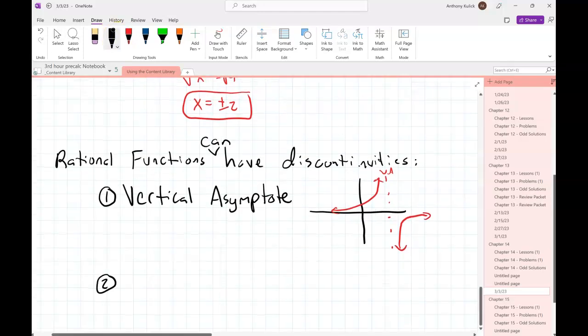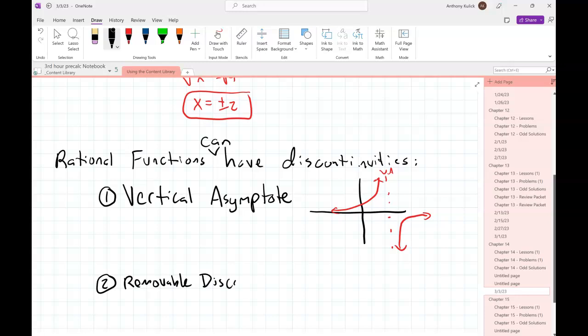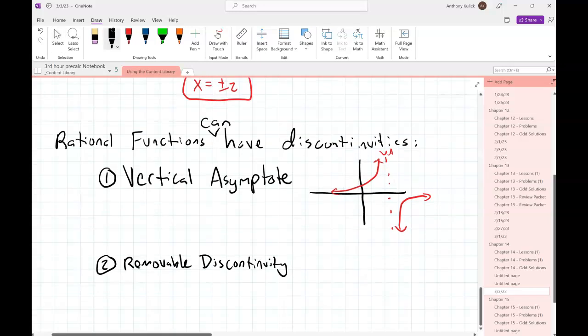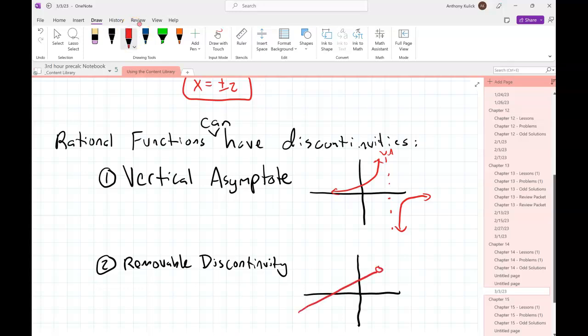The other type of discontinuity we can have is called a removable discontinuity. Do you remember what this looks like from first semester? Just like some little hole in the graph, right?